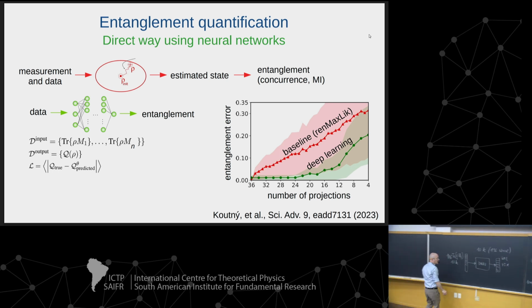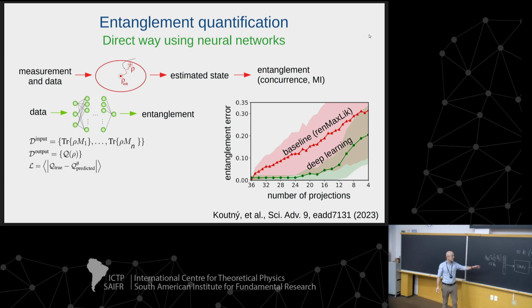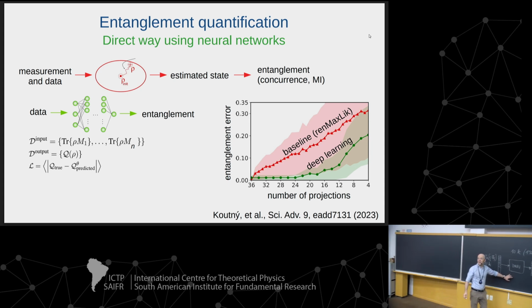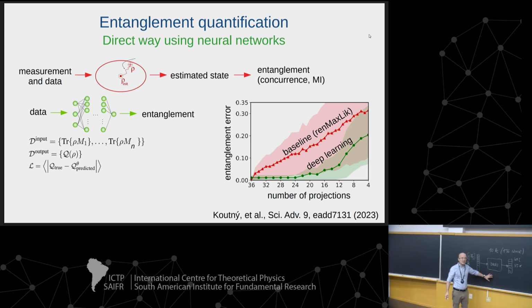So if the network is already trained, the application is really straightforward, easy, and requires almost no computational resources. We just have our 10,000 measurement data, put them in, and in a feed-forward manner we get 45 numbers, that's all.